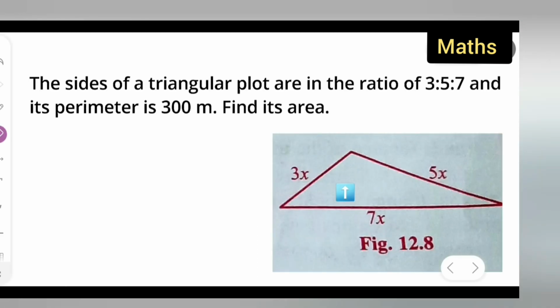So next example is right over here. You all can take down. The sides of a triangular plot are in the ratio of 3:5:7 and the perimeter is 300 meter. Find its area.